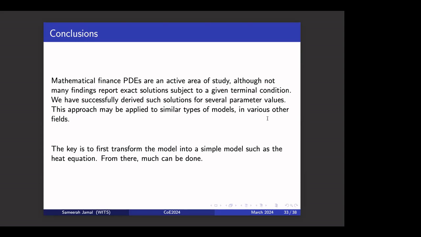So there's a lot of interest in this area, and the key is to transform such models into simpler equations, such as the heat equation. The heat equation is not the only type of simple model that you could transform into. It is the preferred model from our context, simply because it's rich in symmetry, and it is, in fact, simpler.